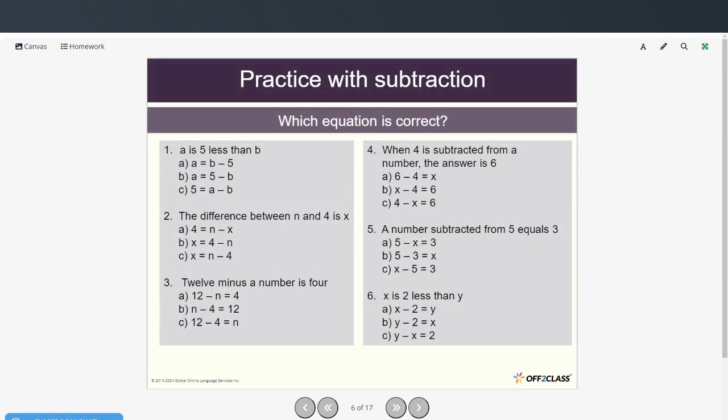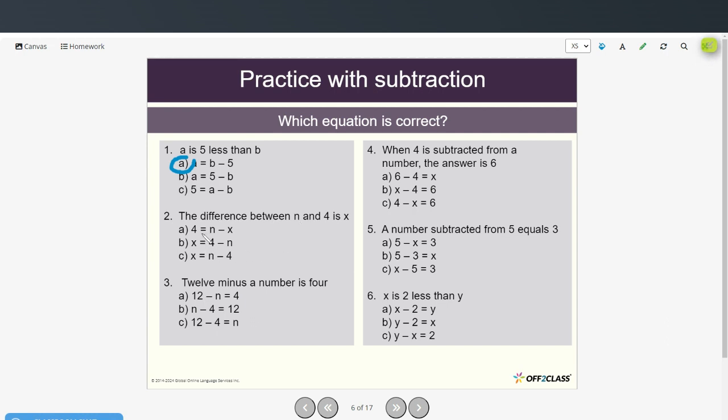All right, so which equation is correct? A is 5 less than B. So 5 less than B, A equals B minus 5. The difference between n and 4 is x.